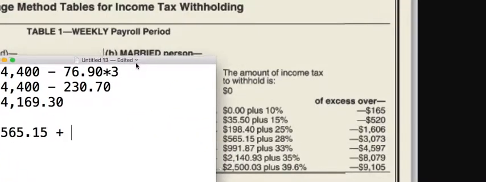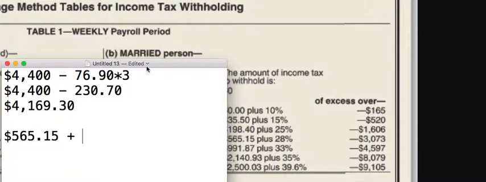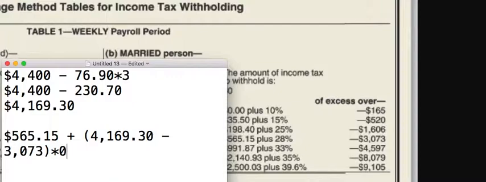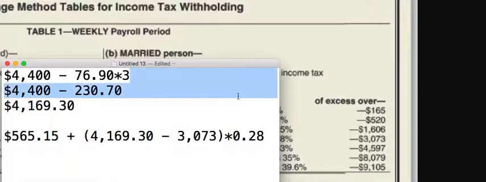So we have to find out how much more we're making over $3,073. So we made, after deductions, $4,169.30 subtracted by $3,073. And then you get to multiply that amount by 0.28, 28% in other words.